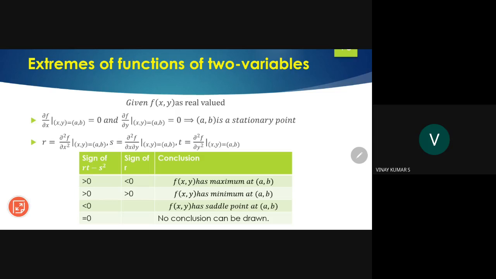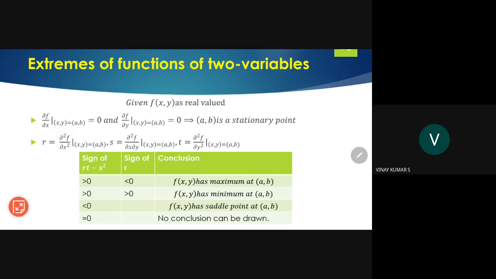Once the stationary point is determined, we calculate r, s and t, which represent respectively the second order derivatives of f with respect to x, with respect to x and y, and with respect to y. So we compute those things.